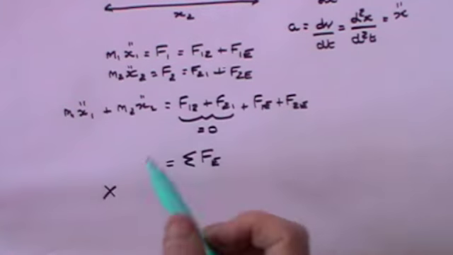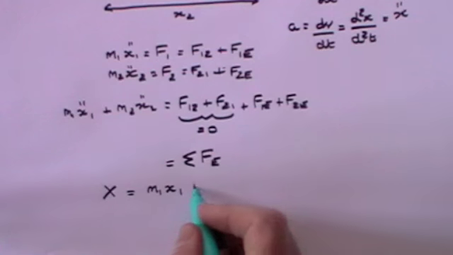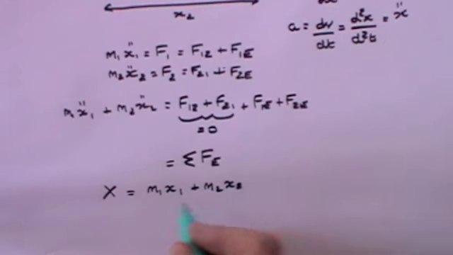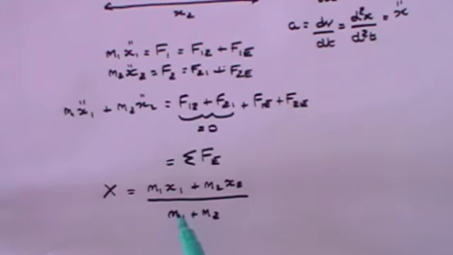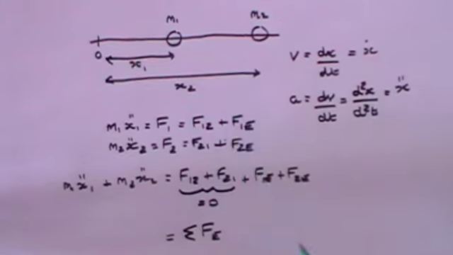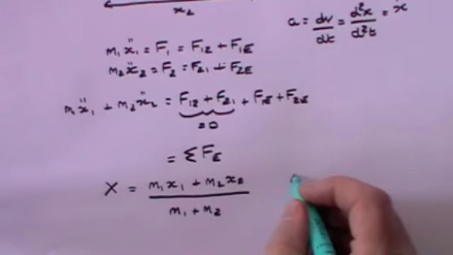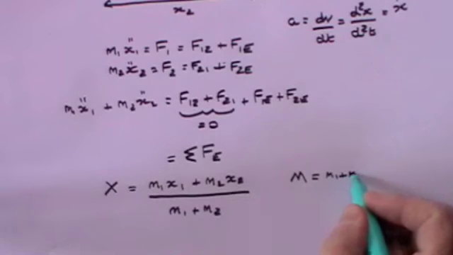And my definition of x is going to be m1 x1 plus m2 x2 divided by m1 plus m2. Now m1 plus m2 is just the total mass in this system. So we can say that the total mass, which I'm going to call capital M, is m1 plus m2.